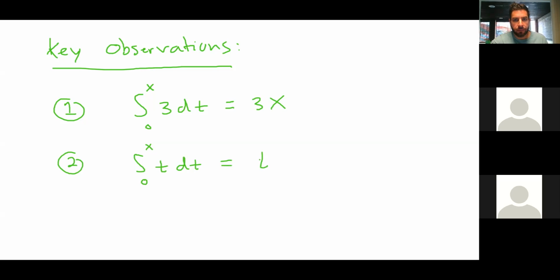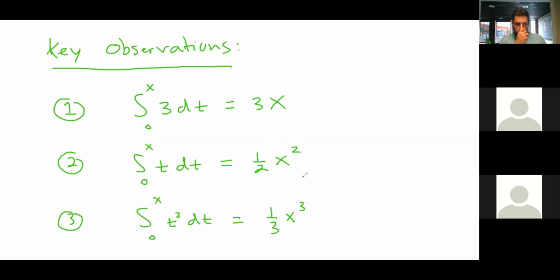It was 1/2 x squared. And then in the last example, what we showed is if you do t squared up to some variable bound, you get 1/3 x cubed. And so if you spend some time pondering this, you see a pattern. You might see more than one pattern.